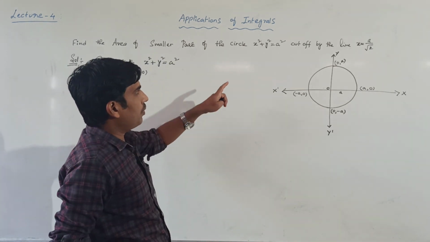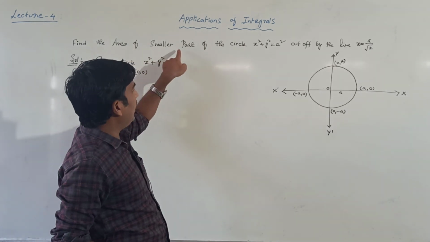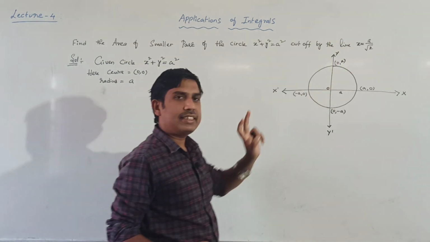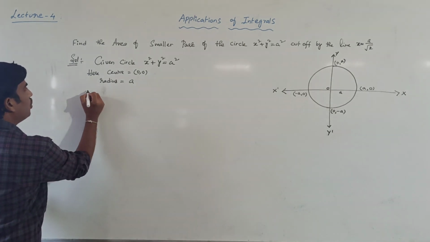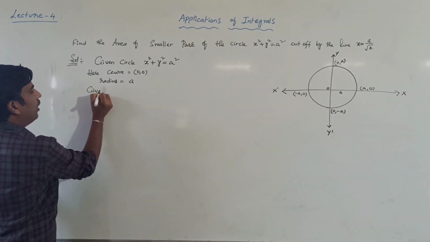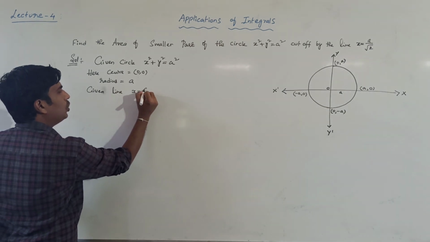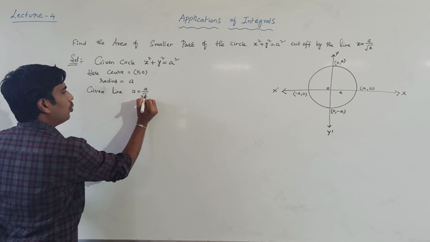So find the area of the smaller part of the circle cut off by the line x is equal to a by root 2. What is the given line? x is equal to a by root 2.